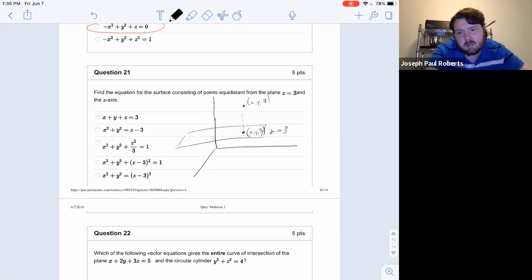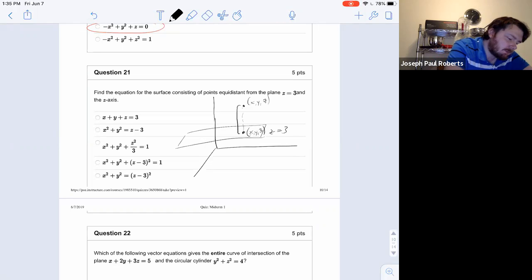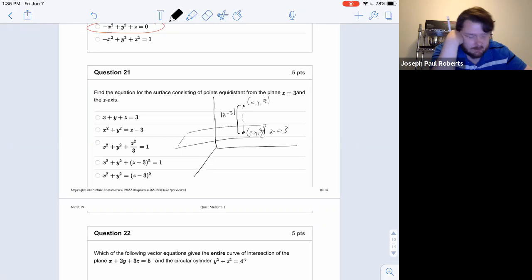The fact that this plane z equals 3 is horizontal means essentially we're looking for the point directly below x, y, z that lives on z equals 3, so x, y, 3. And so this distance here ends up being the absolute value of z minus 3. If you do the distance between x, y, z and x, y, 3, you'll get the square root of z minus 3 squared, which ends up being the absolute value of z minus 3.